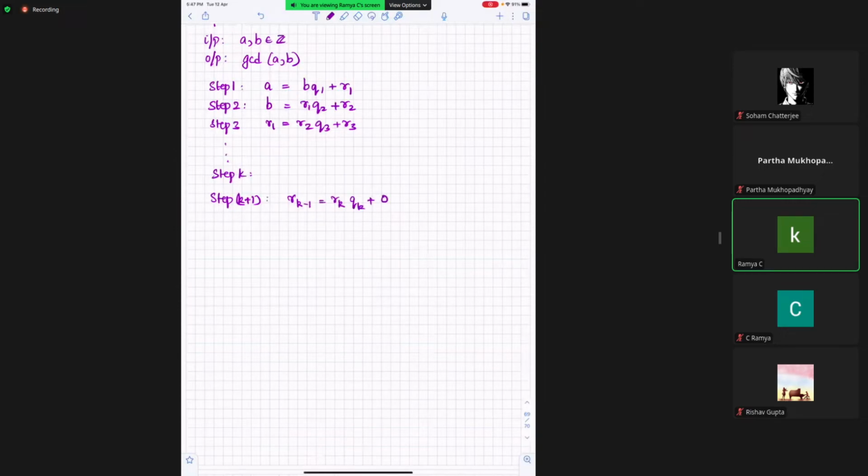The moment you hit 0, you know that the previous non-zero remainder was the actual GCD. So you look at the previous step. This is the GCD, and you will just output it.